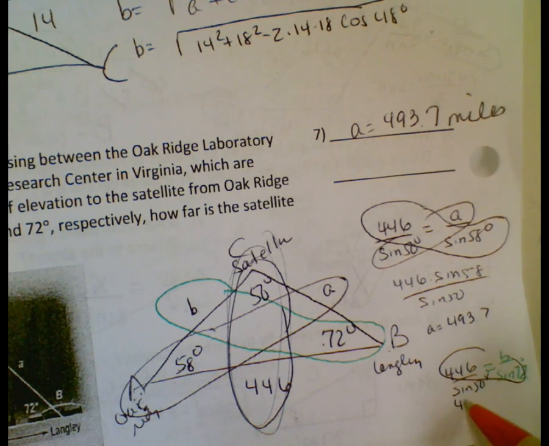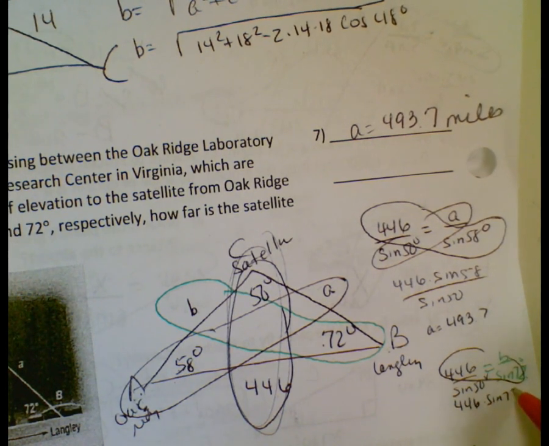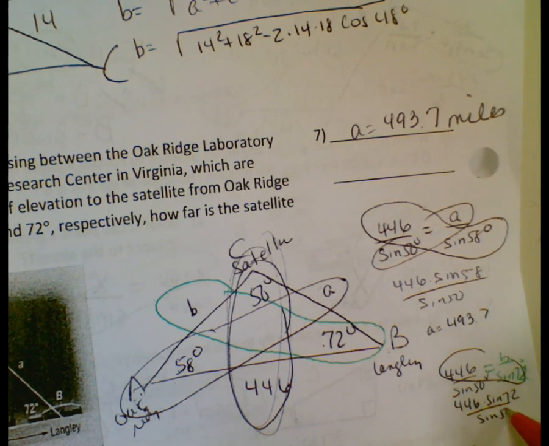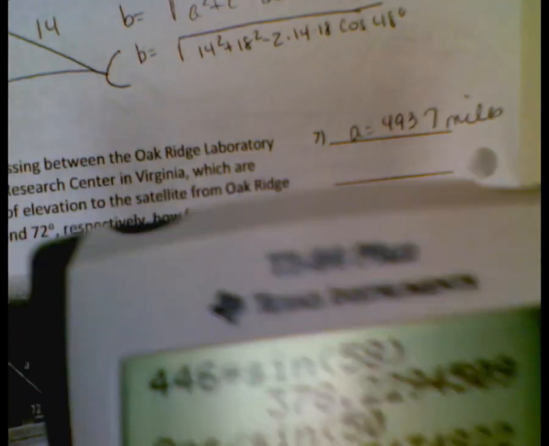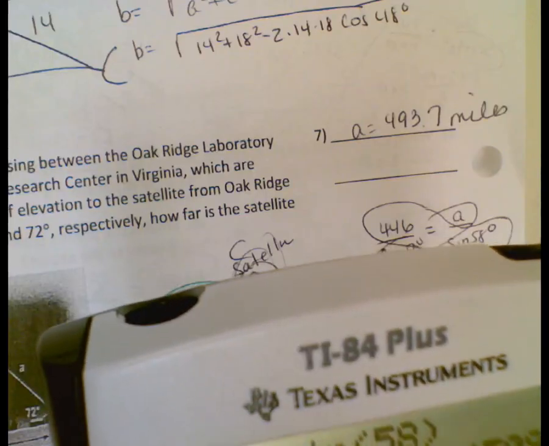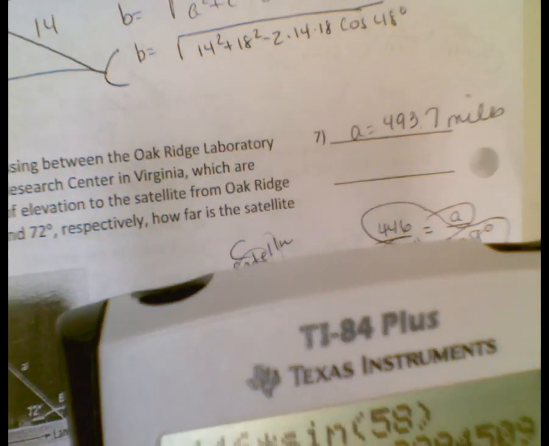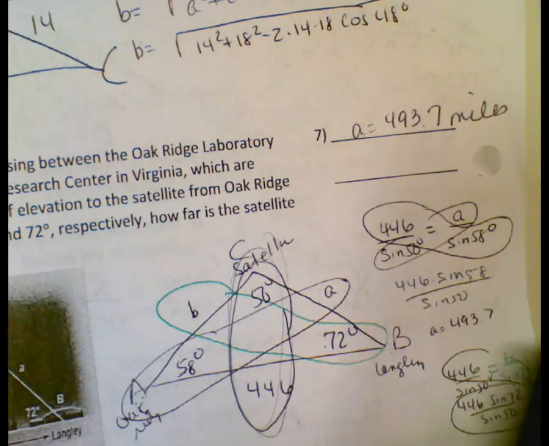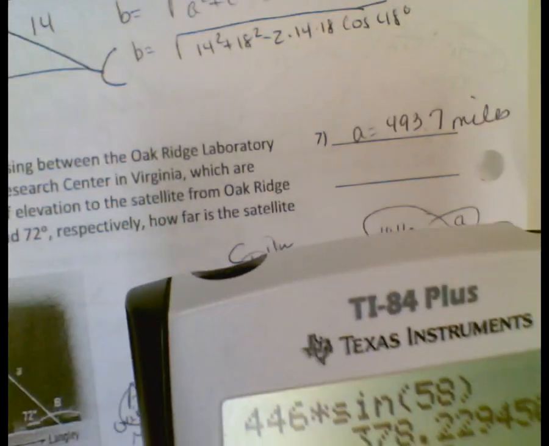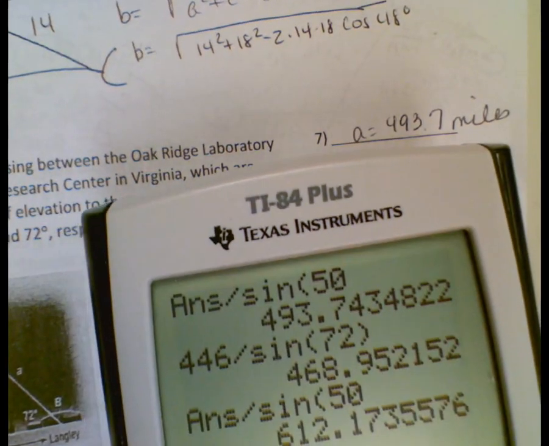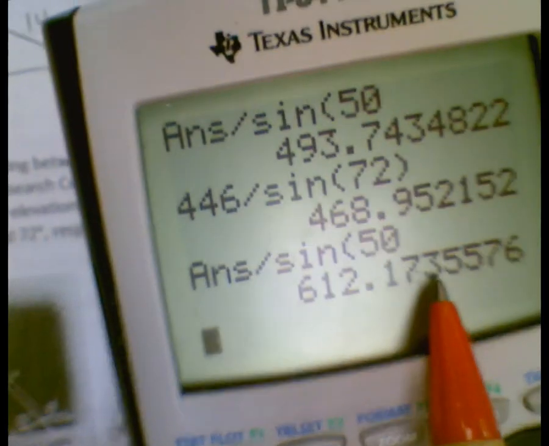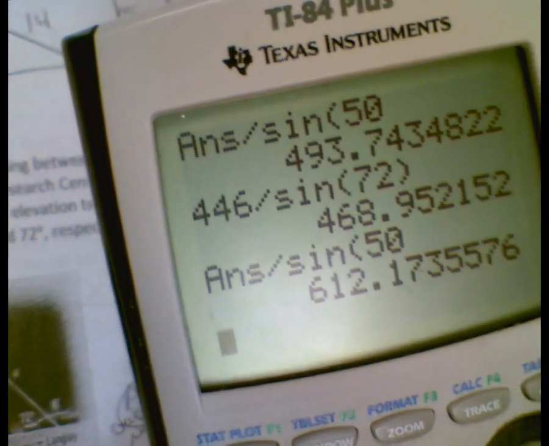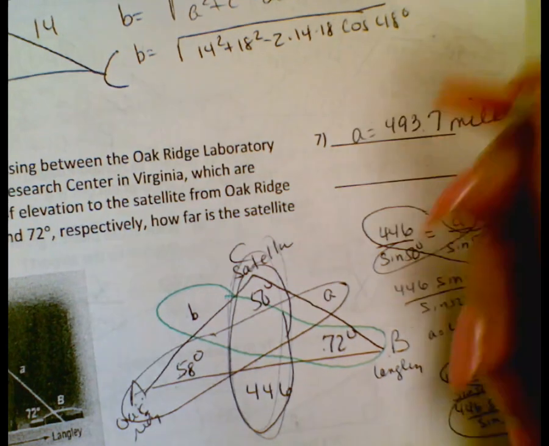So it's 446 times sine 72 over sine 50. Punch that in the calculator, divided by sine 50. It's 612.2. The 7 rounds the 1 to a 2. So it's 612.2. Put that up here.